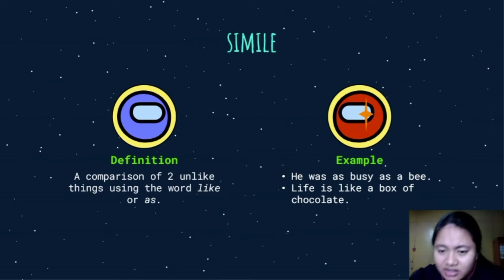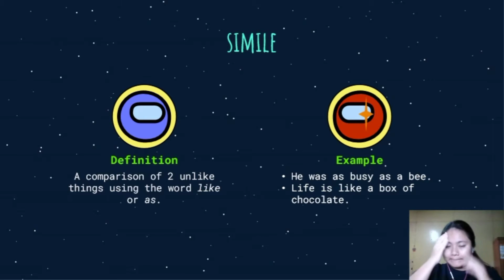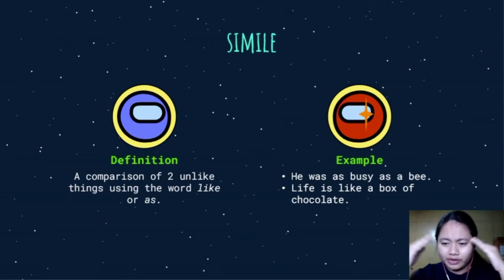The next example would be: life is like a box of chocolate. The word like indicates that this person is using simile in his or her writing. Whenever you think of a box of chocolate, chocolate makes you happy. When a person gives me a box of chocolate, of course I would be happy.